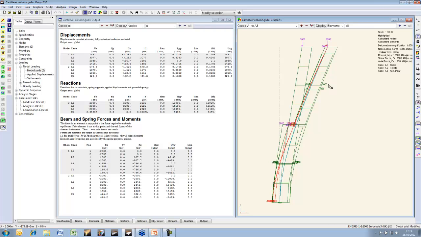Basically, this means P delta analysis is okay at moderate deflections, but when you get onto very large deflections, P delta analysis is not necessarily going to give you trustworthy results, because in theory, with this deflection, the P delta column has actually grown rather than shrunk, which of course is slightly nonsensical.